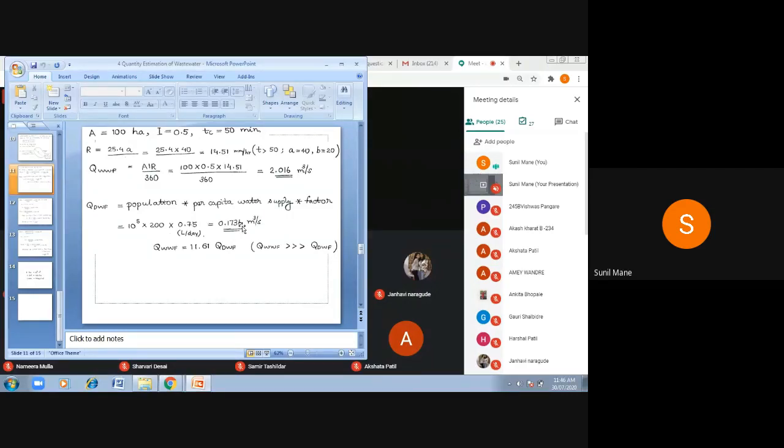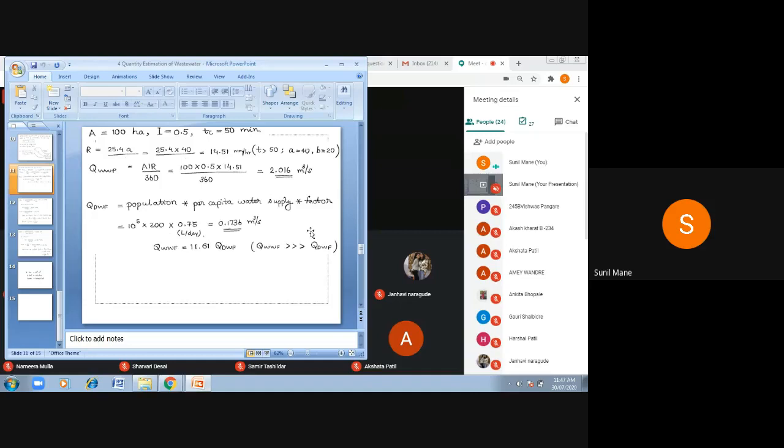So here you can compare what kind of flow is there. The flow here is 2.016, and here it is 0.1736. That means if you find out the factor, the wet weather flow is about 12 times more than the dry weather flow.